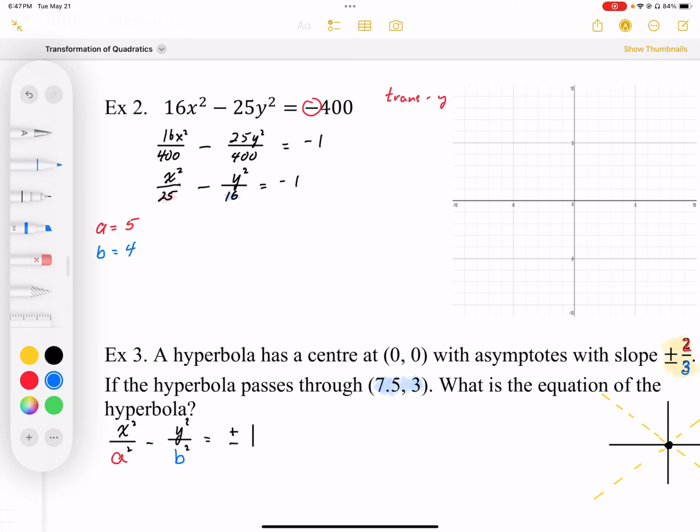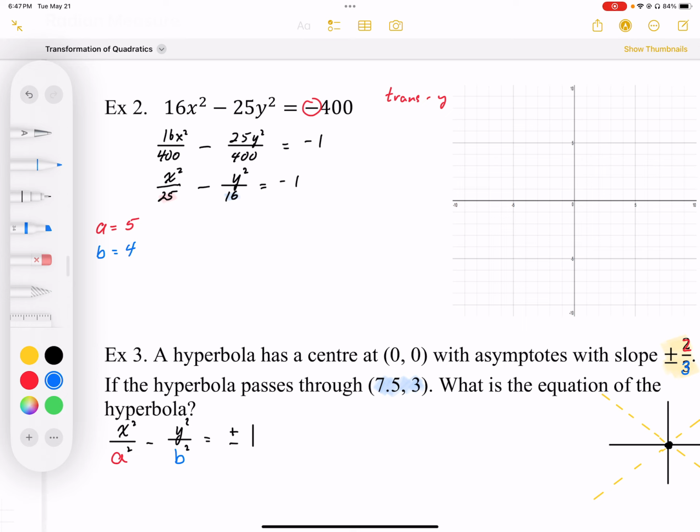So we go 4 up from the center. There's no horizontal shift, so the center is going to be at 0, 0. Our vertical vertex is going to be at 4 up, 4 down. Our horizontal is going to be 5 to the right, 5 to the left.